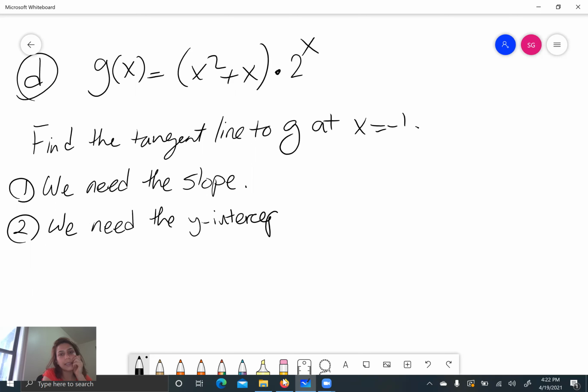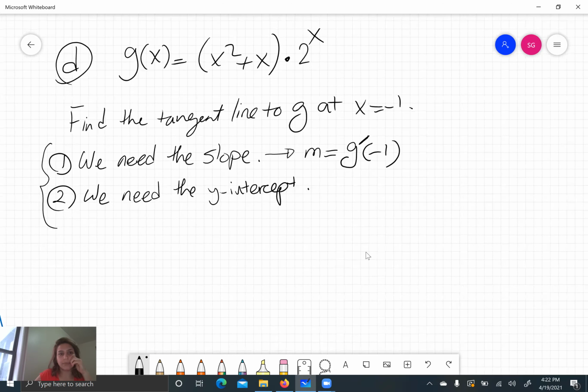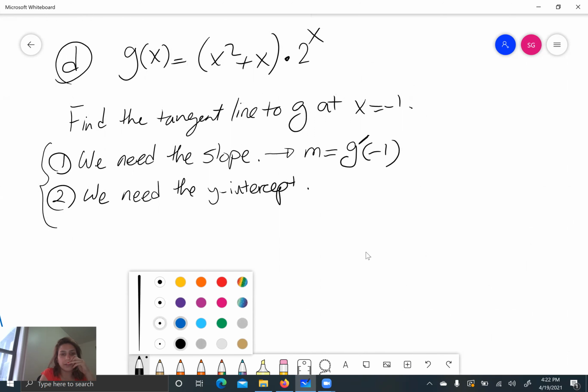When we have these two elements, then we can write the equation of the tangent line. So first, how to find the slope? Recall that the slope of the tangent line to the graph of g at -1 is the same as the derivative of the function at -1. So to do the first step, we need to find g prime of -1.